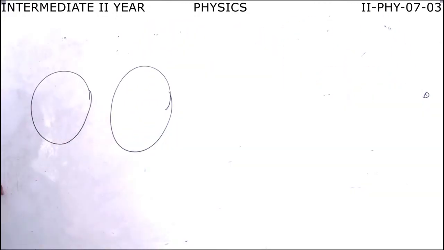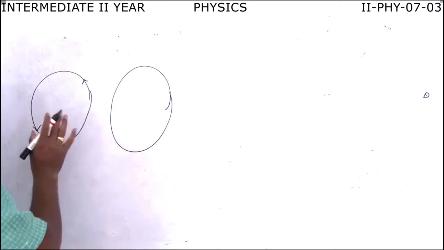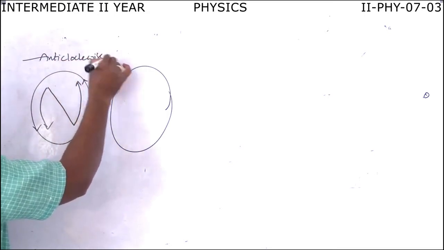If the current is going in the coil in anti-clockwise direction, it behaves like the north pole of the bar magnet. North pole in anti-clockwise direction.